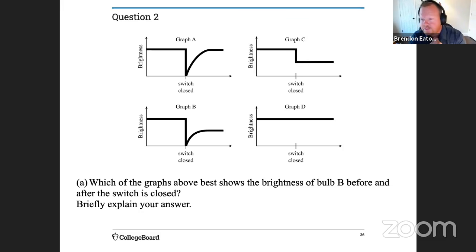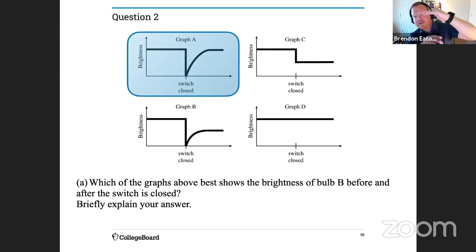And hopefully you picked graph A. Notice on graph A, you have a nice constant brightness, it drops down when the switch is closed, and after a short time, you have that nice curvy line going right back up to the same brightness. Perfect, I love it.